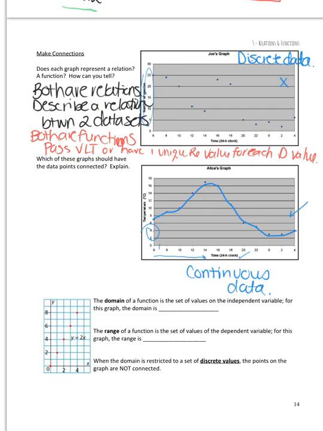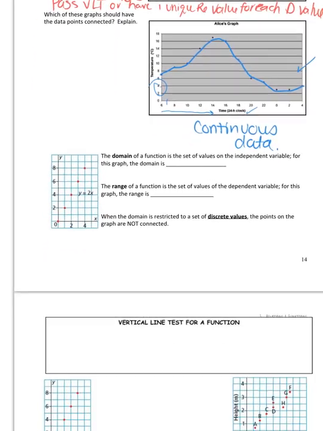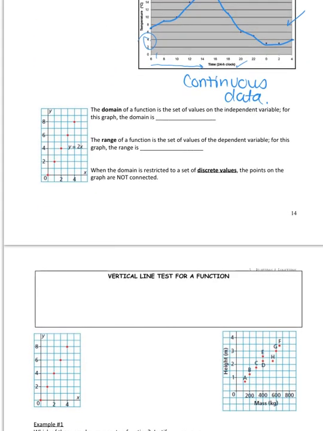All right, a few other characteristics of our graphs. The domain of a function is the set of values of the independent variable. For this graph, the domain is what? So the independent variable is x.